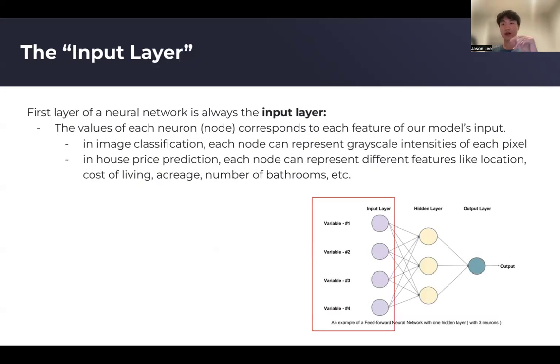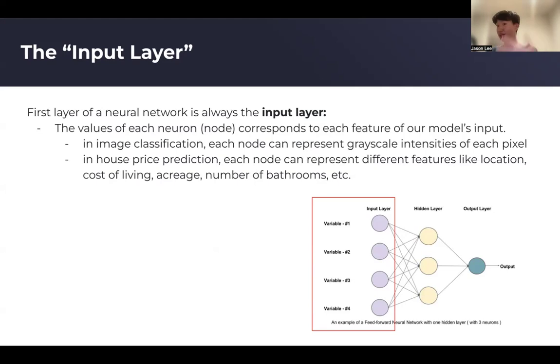Let's now go a little deeper and learn more about the input layer, which, as the name suggests, is responsible for the input to your neural network. And the value of each neuron in your input layer corresponds to each feature of our model's input. So for a digit recognition task, like image classification, each node in our input layer is going to represent the grayscale intensity of each pixel, right?